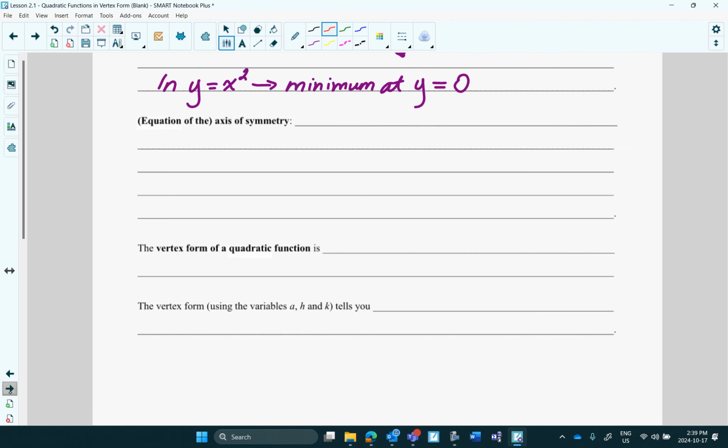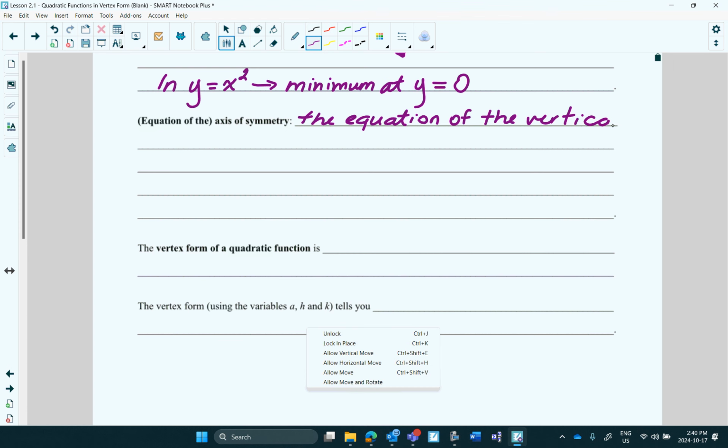So the axis of symmetry is the equation of the vertical line that splits the parabola in half.